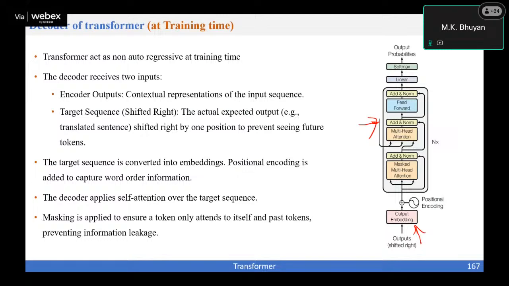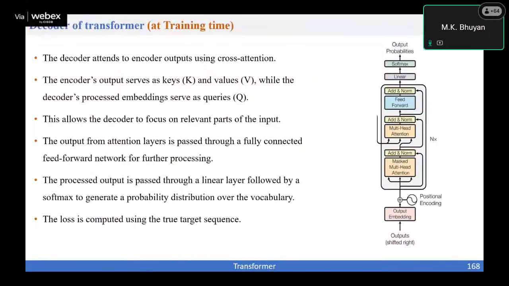After this, we have to consider the key, query, and value. The encoder output serves as the key and value, while the decoder's embedding serves as the query.